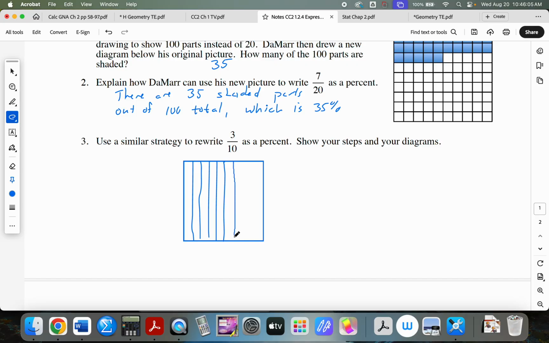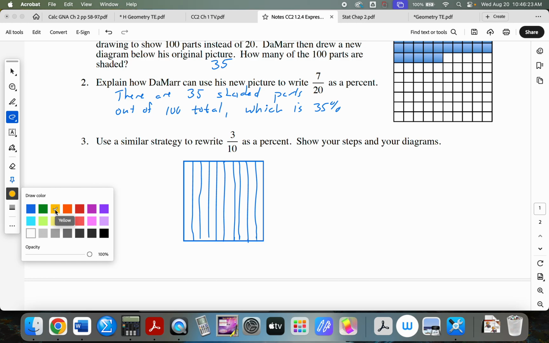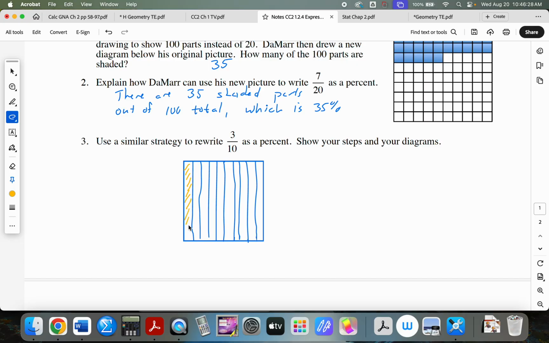And I'll divide this into 5 equal parts also. And then I'm going to shade in 3 of those. So that shows 3/10, right?